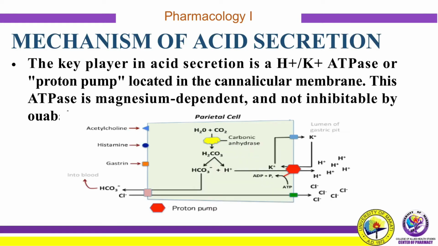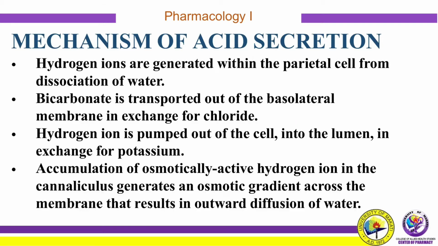The key player in acid secretion is hydrogen-potassium ATPase or proton pump, located in the canalicular membrane. Mechanism of acid secretion. Hydrogen ions are generated within the parietal cell from dissociation of water.